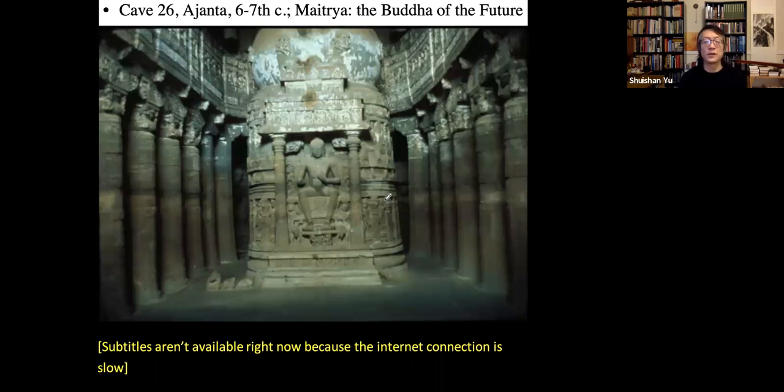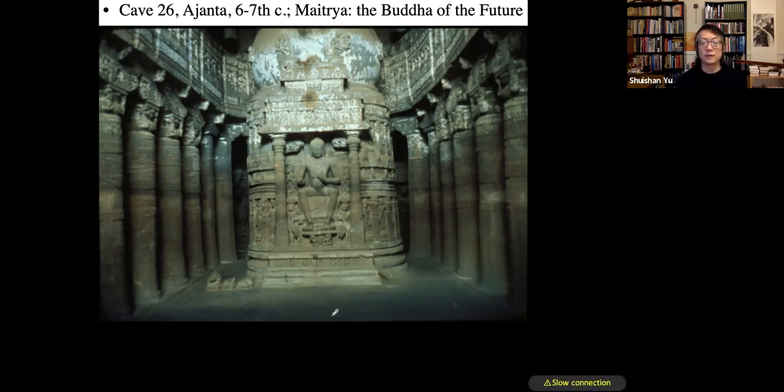And this is cave number 26 from Ajanta and from the 6th to 7th century. It has a similar tall ceiling for the nave and side aisles, and a stupa at the apse area.